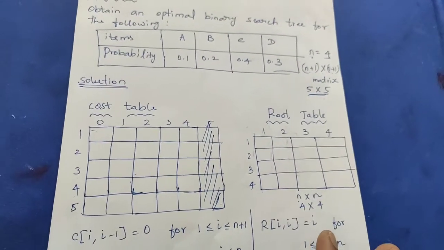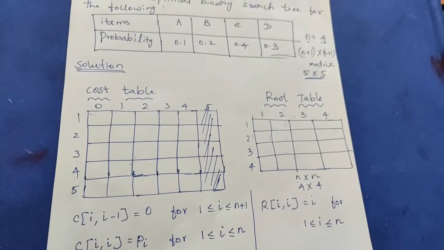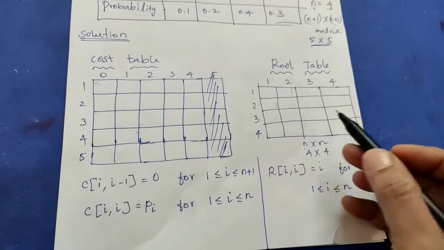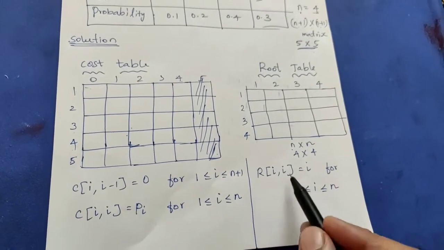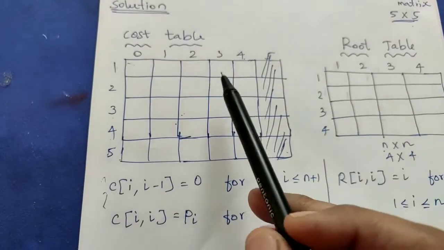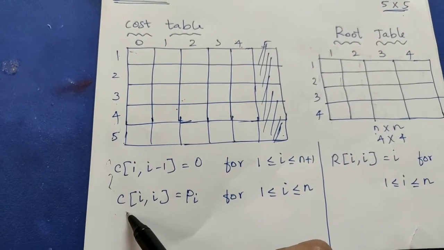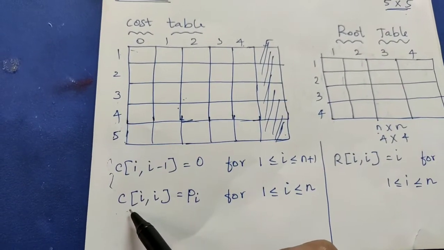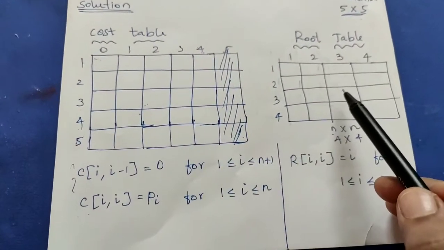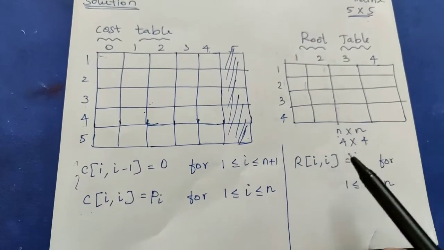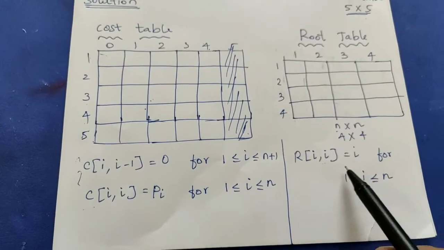So initially you need to fill the cost table as well as the root table with these equations. You need to fill this cost table using these two formulas initially, and the root table has to be filled initially using this formula.